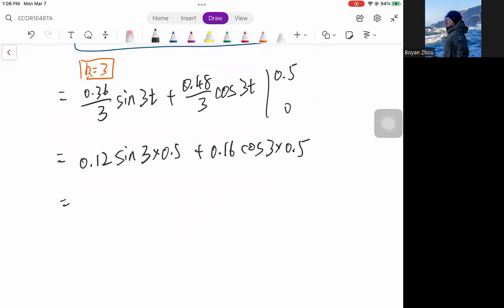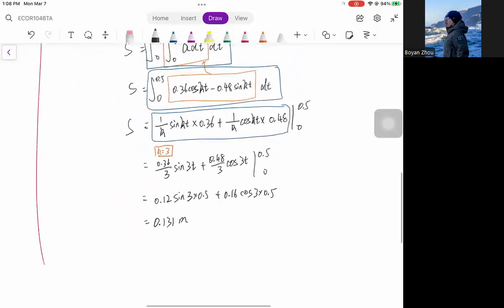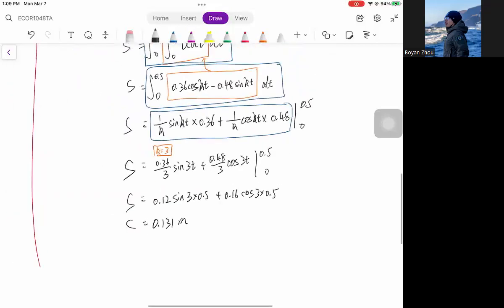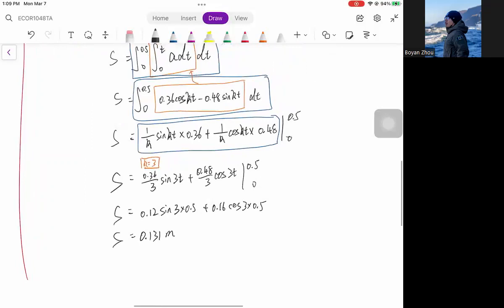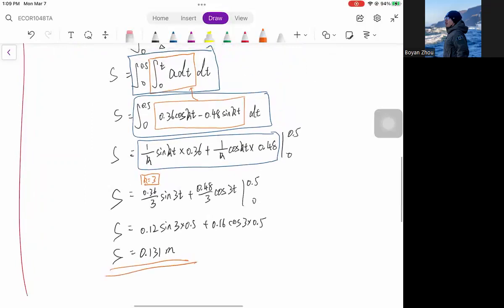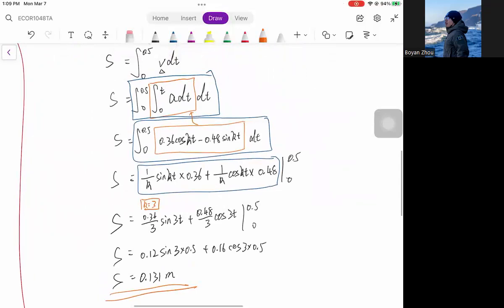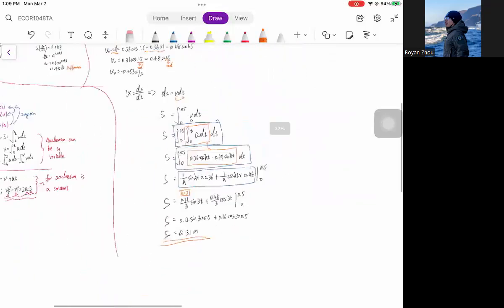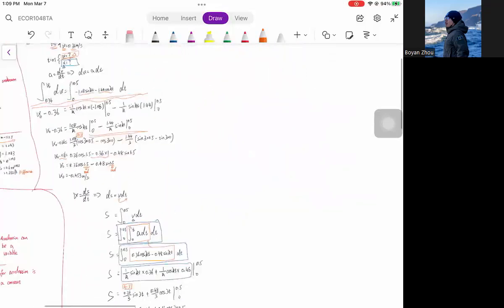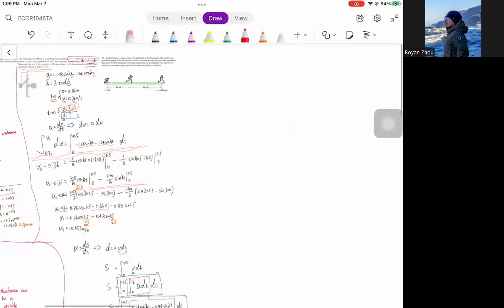And that is going to be 0.131 meters, S. So now we find out what is the value of S when the time t is equal to 0.5. So that is for the fifth question.